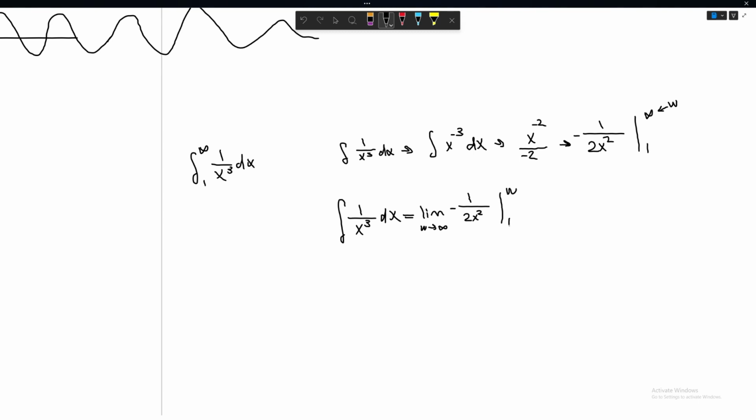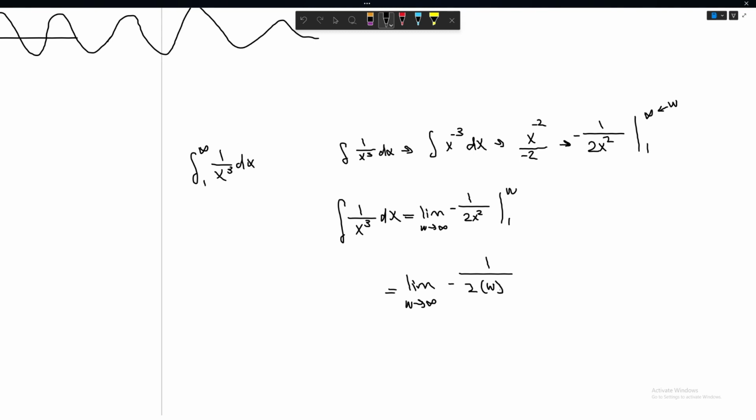All right, and now you take the bound. And so let's apply our bound. We'll say limit as w goes to infinity of negative 1 over 2 infinity to the power 2, and well, this wouldn't be infinity, my bad, this would be w.